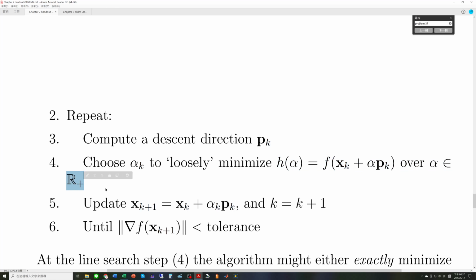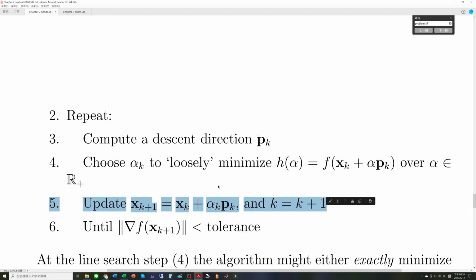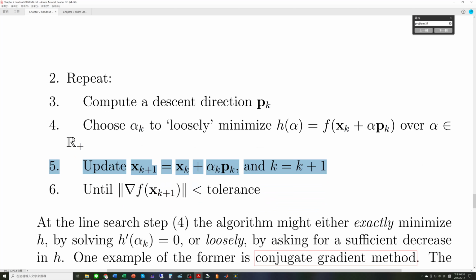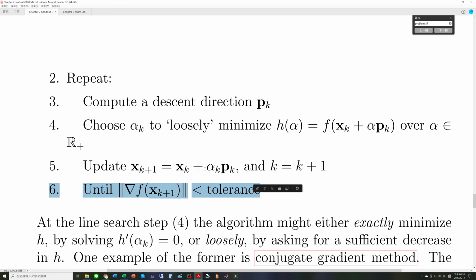It is the set which contains all the positive real numbers. Step 5, update xk plus 1, which is equal to xk plus alpha k times pk, and k is equal to k plus 1. Step 6, until the norm of the gradient of f of xk plus 1 is smaller than tolerance.